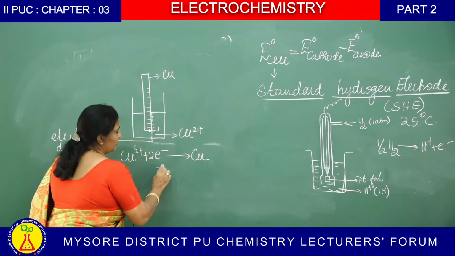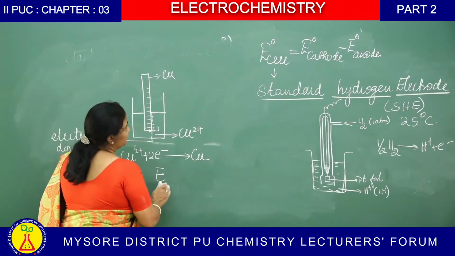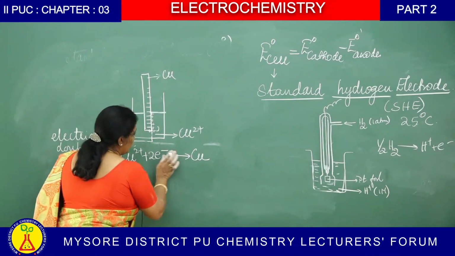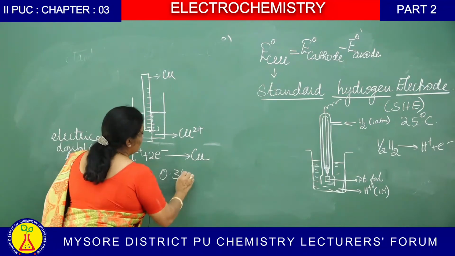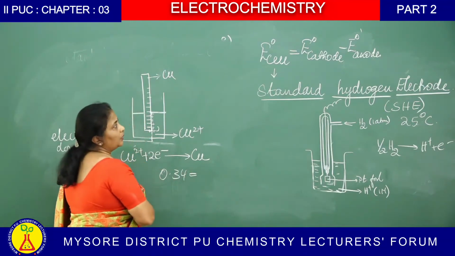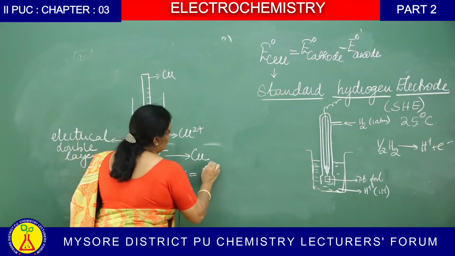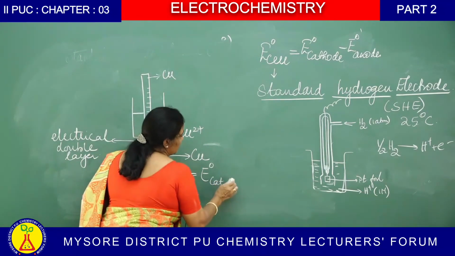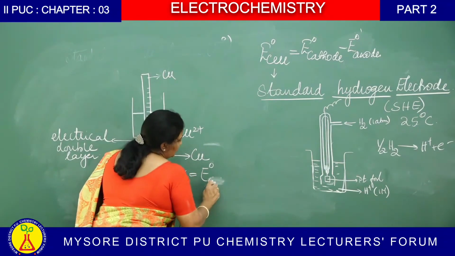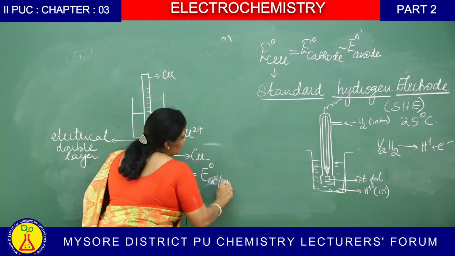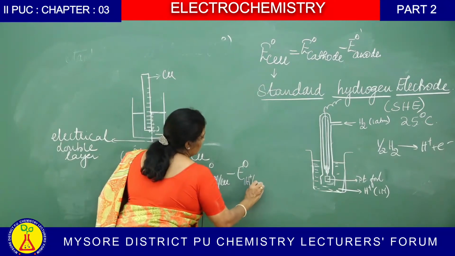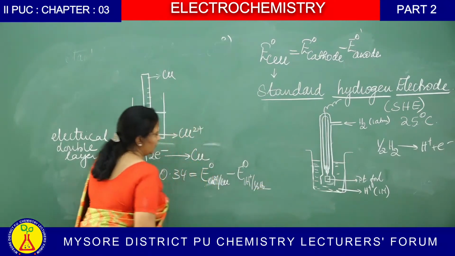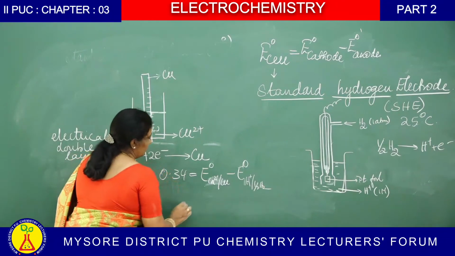E naught of the cell is found to be 0.34, which is equal to E naught of the cathode, that is copper, Cu2+/Cu, minus E naught of the hydrogen electrode, half H2. For this, the value is 0.